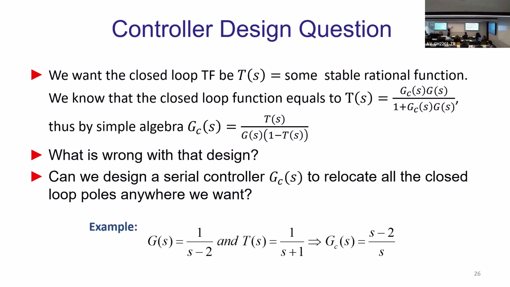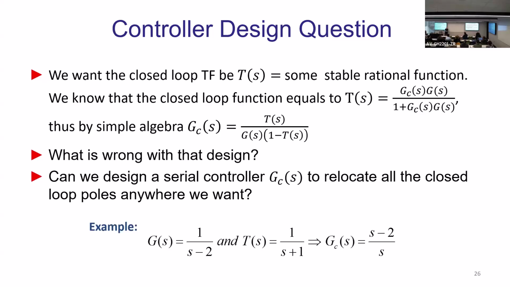But this will not cancel with that. If it will not cancel, and you compute the overall closed loop transfer function, it will not even be stable. Or not even close. It will be very unstable.